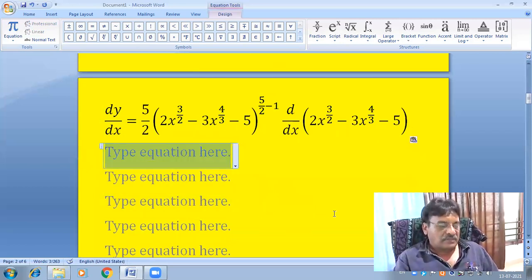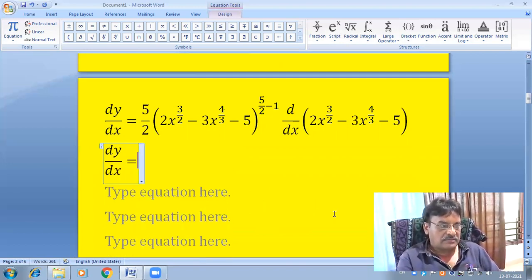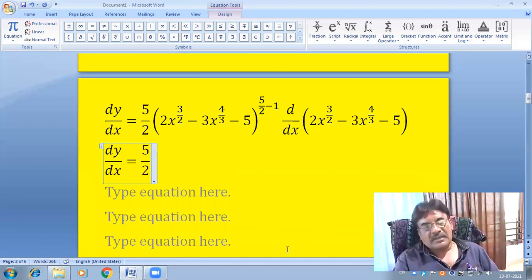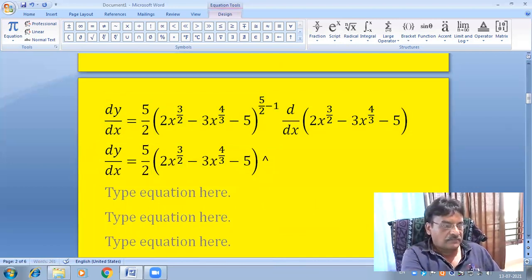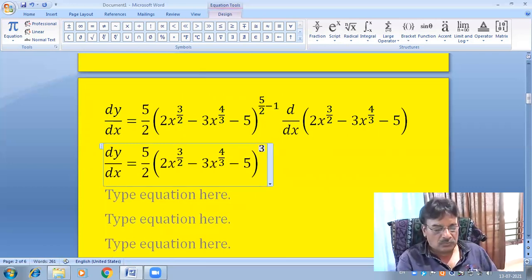Therefore dy by dx is equal to 5 by 2 as it is, and 5 by 2 minus 1, after cross multiplication, gives 3 by 2.